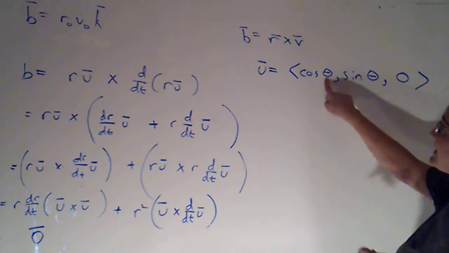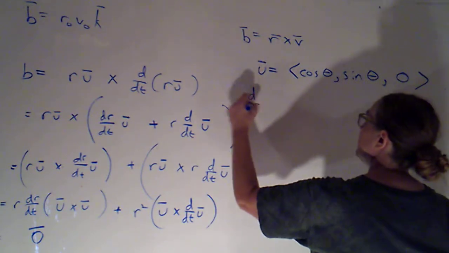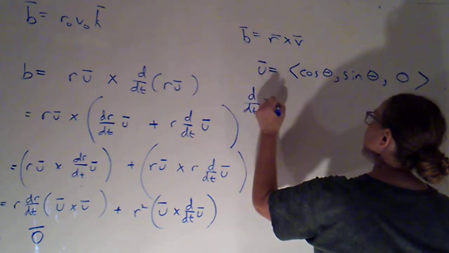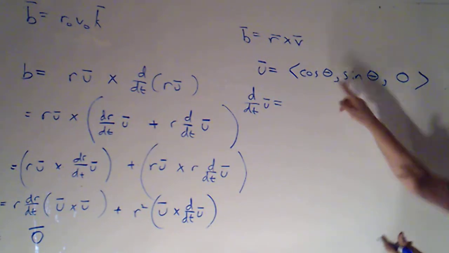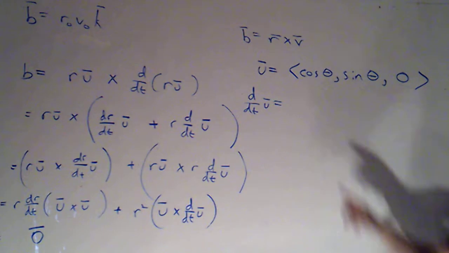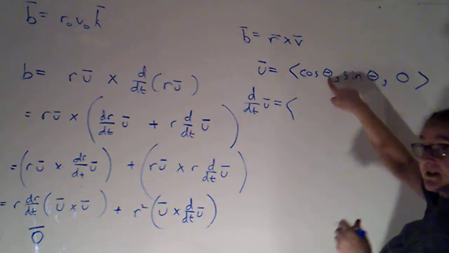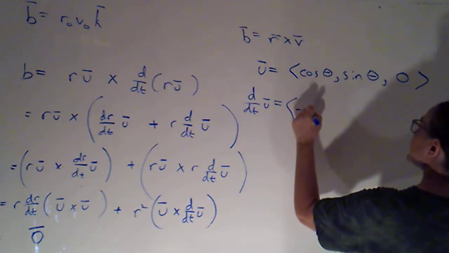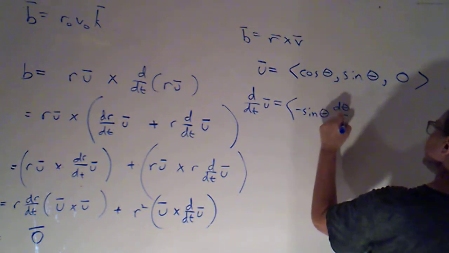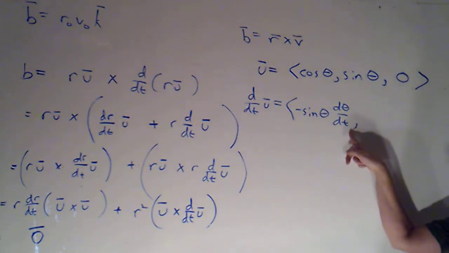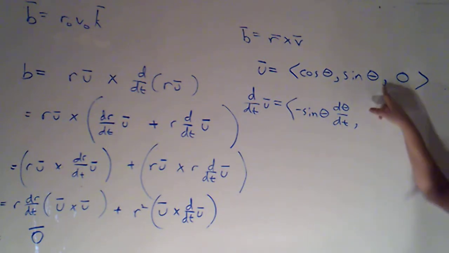So, recognizing that, if I'm taking the derivative of this with respect to time, this is basically just a function composition. I'm going to take the derivative with respect to theta, which would be negative sine theta, and then multiply that by the derivative of theta with respect to time. That's just chain rule. Same thing here.